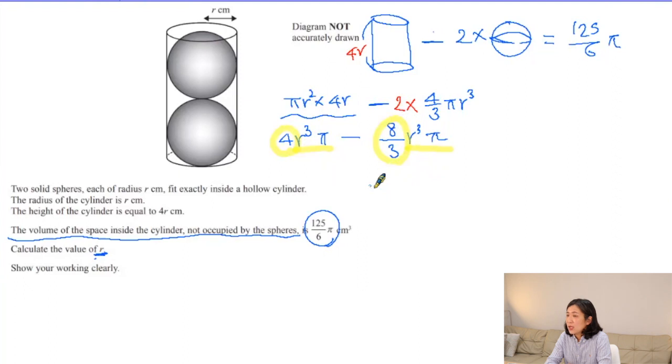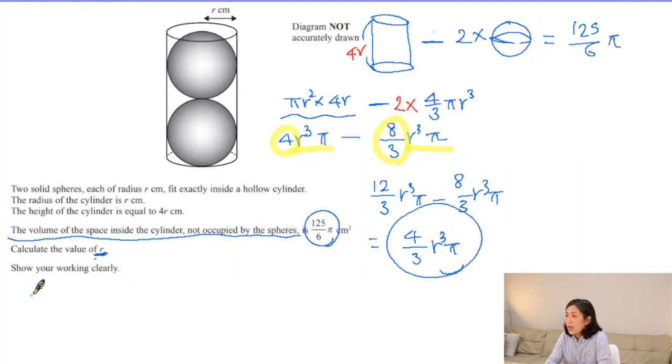To take away from the 4 r cubed pi, let's change the 4 into thirds. So 12 thirds r cubed pi taking away 8 thirds r cubed pi. That ends up with 4 thirds r cubed pi. That is the volume of the empty pot, right? Now we know that 4/3 r cubed pi is 125 over 6 pi.